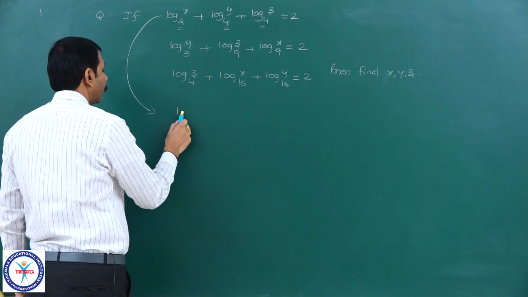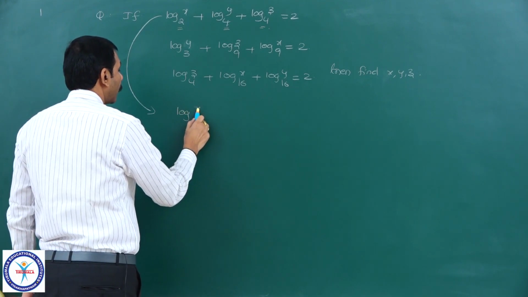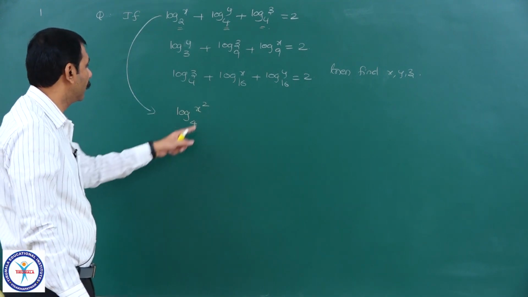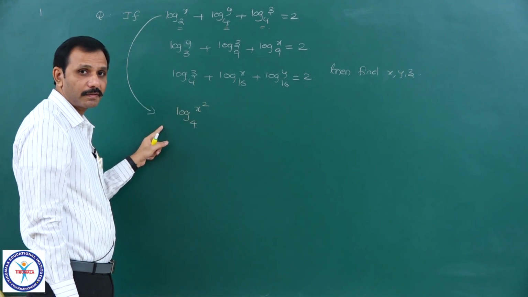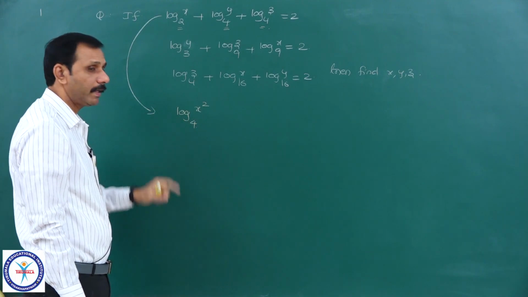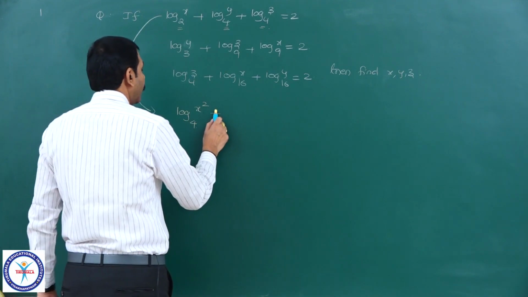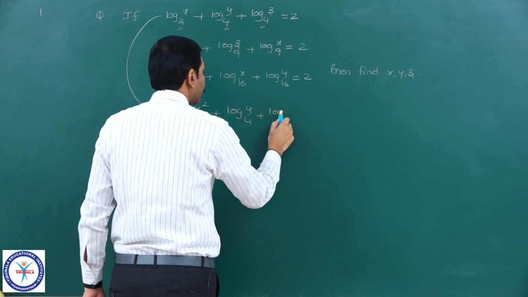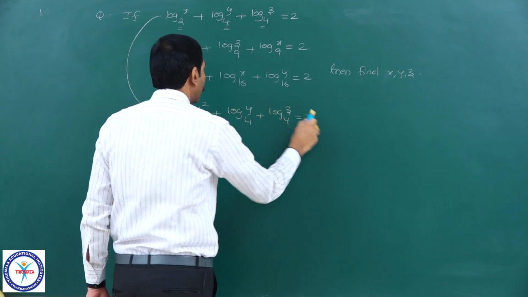How I can write that one, you see? I will write log x square to the base 2 square, 4. Can I write? Yes. Here 2 square means 2 by 2, plus log y to the base 4 plus log z to the base 4 is equal to 2.